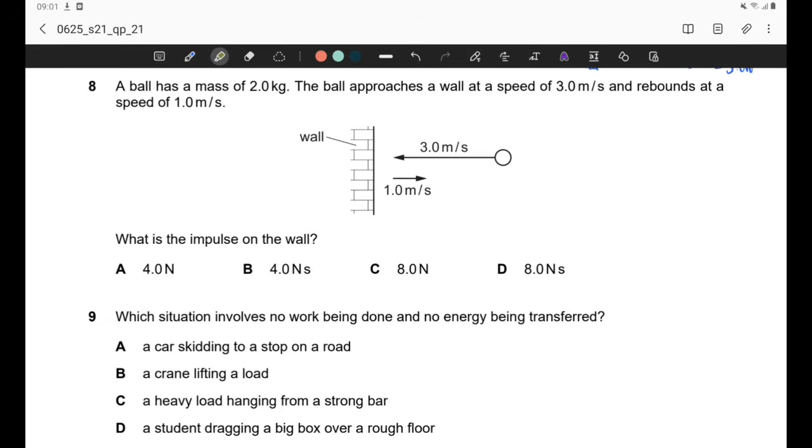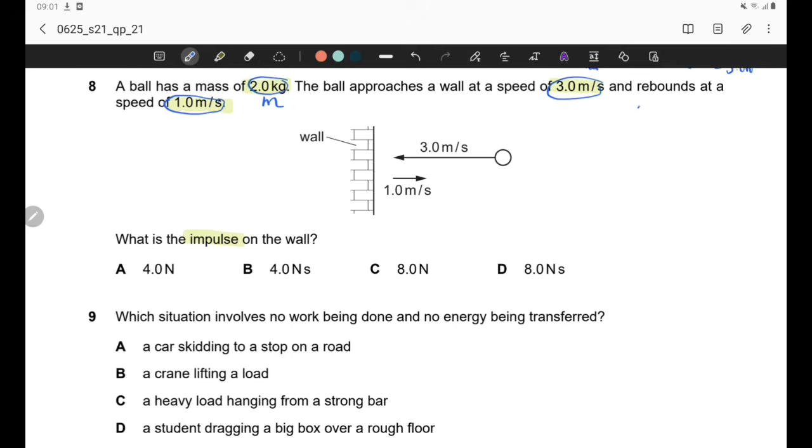Question number 8. A ball has a mass of 2 kg. The ball approaches a wall at a speed of 3 meter per second and rebounds at a speed of 1 meter per second. What is the impulse on the wall? So we need to calculate impulse, and we are provided with the mass of the ball and its initial and final speed.